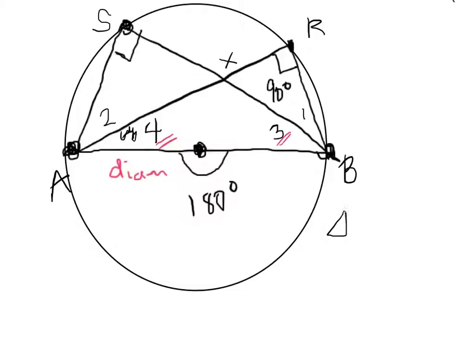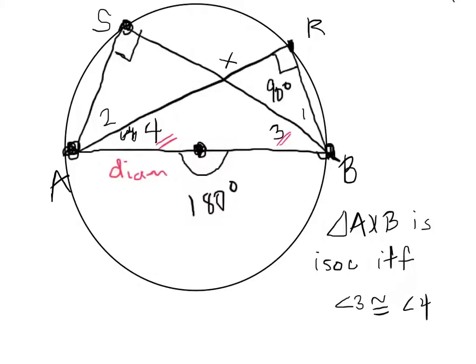So triangle AXB is isosceles if and only if angle 3 is the same as angle 4. Hopefully, it's obvious that triangle AXB is not isosceles, which means angle 3 is not congruent to angle 4 in general. That's easy, hopefully.